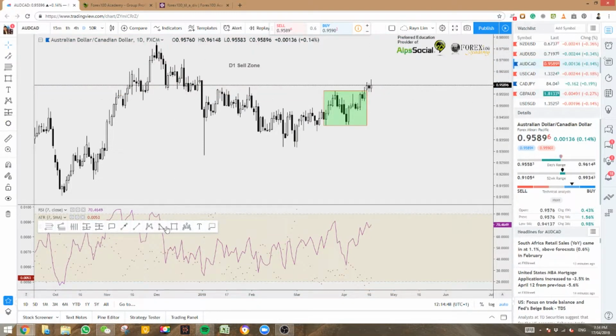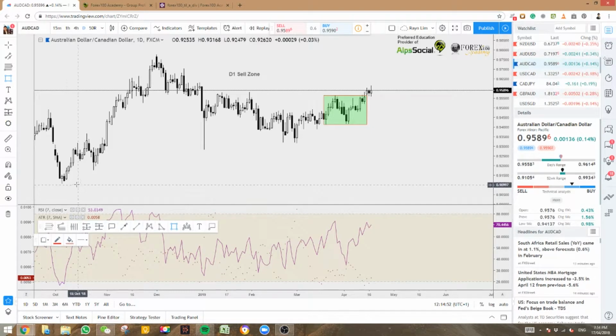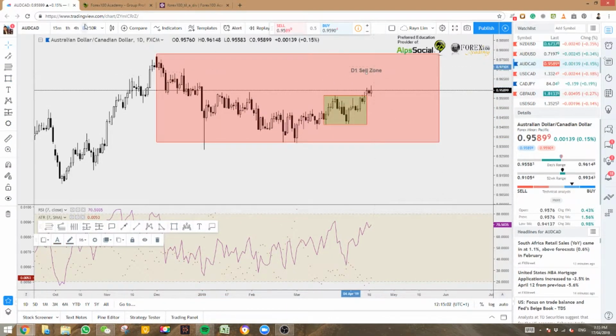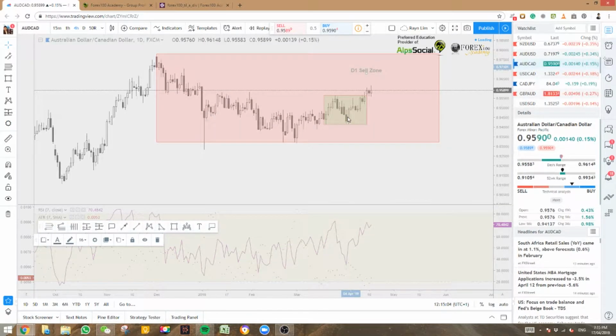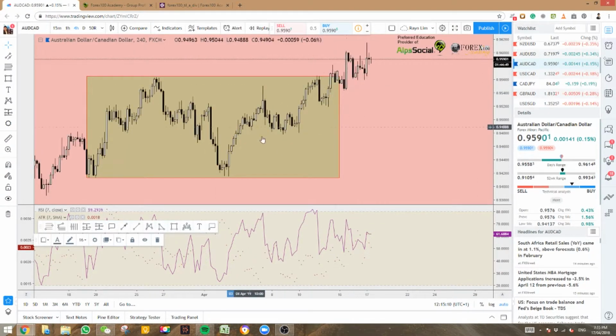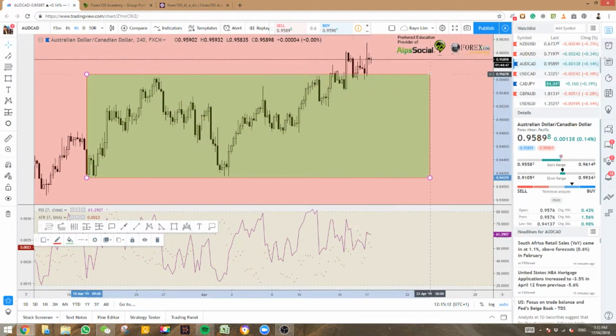So let me just record it. It will be easier than shifting it. Alright, this entire block is my sell zone. And if we head down to the 4-hour chart, okay, this is what I'm looking for, a buying opportunity.